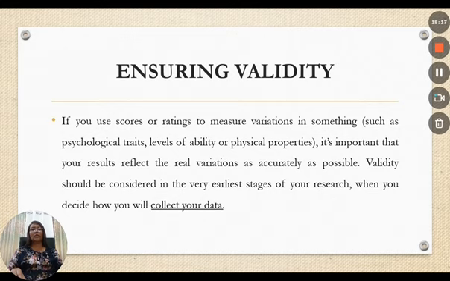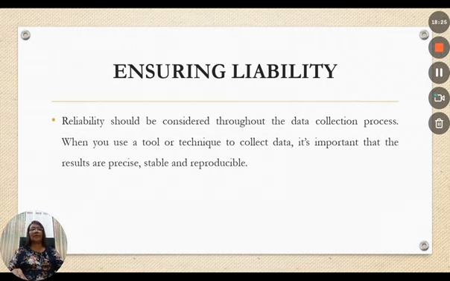Validity should be considered in the earliest stage of your research, when you decide how you will collect your data. Ensuring reliability. Reliability should be considered throughout the data collection process. When you use a tool or technique to collect data, it's important that the results are precise, stable, and reproducible.